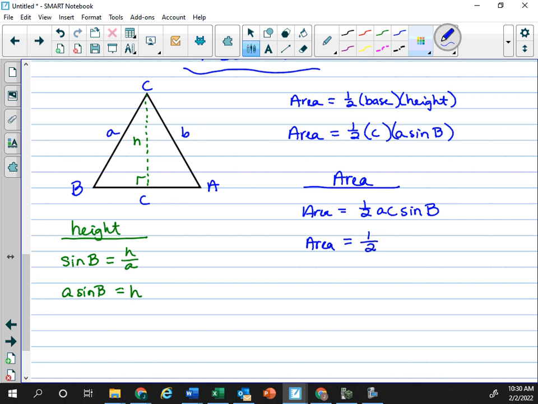So what's another way I could write this? 1/2 what? How could I manipulate? AB sine of C, perfect. And what about the last one? BC sine of A. Perfect. Okay.